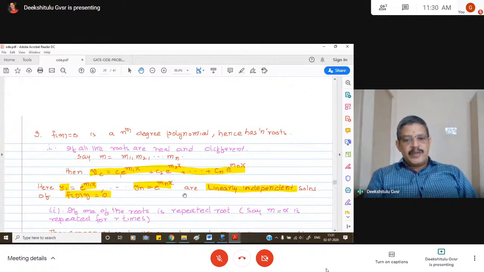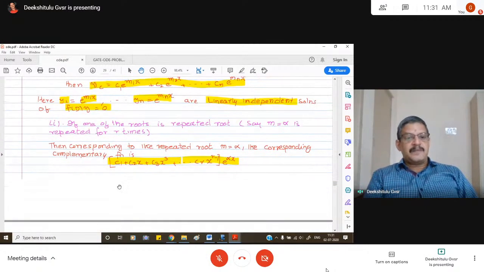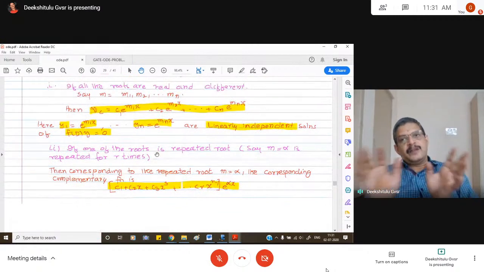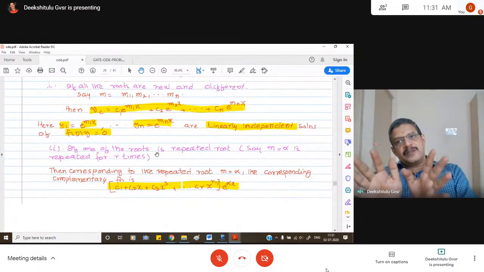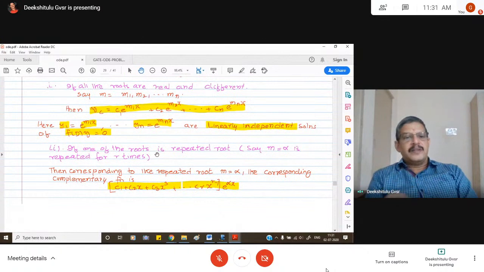Then y1, y2, yn are all linearly independent solutions of the homogeneous differential equation f of D y equal to 0. The general solution is c1 y1 plus c2 y2 plus so on up to cn yn. That is the principle there. So if all the roots of the auxiliary equation are real and distinct, then we know the complementary function.